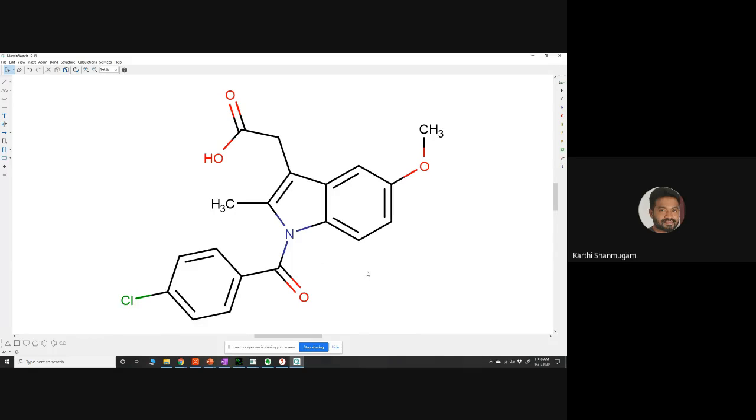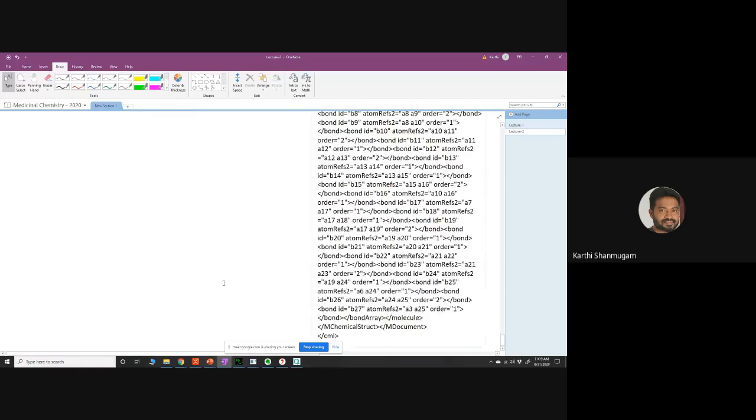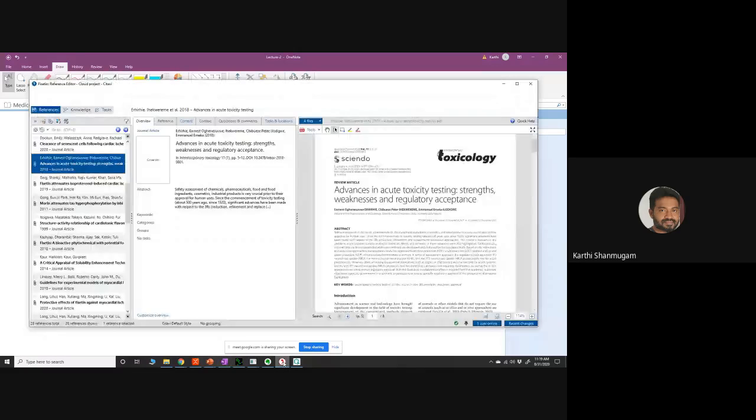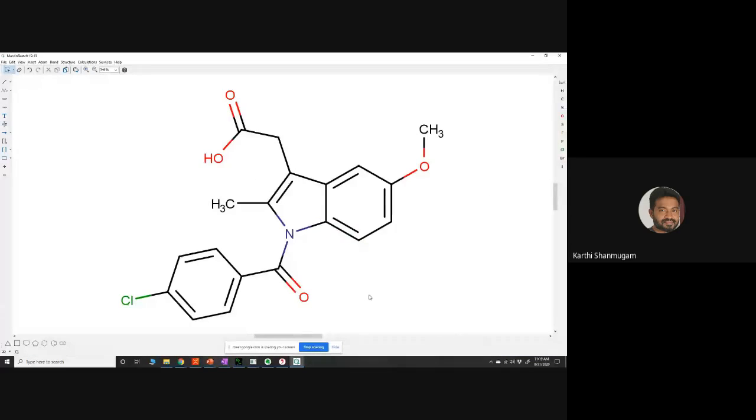indomethacin. Okay. So the question is, can someone tell what are the major functional groups which are present in this molecule? I'm again showing the structure of the molecule. What are the major functional groups present in this molecule?